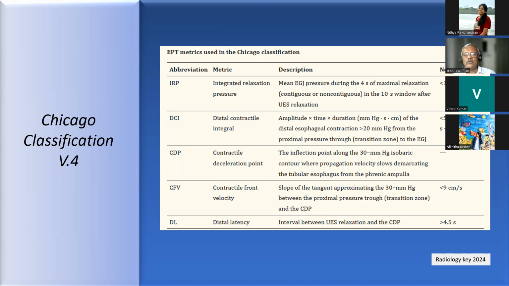And I do not expect you to remember any of this, except remember that such things exist. Okay, IRP is integrated relaxation pressure. That is the LES relaxation. Distal contractile integral is a measure of the amplitude of the peristaltic wave. Contractile deceleration point, CDP.